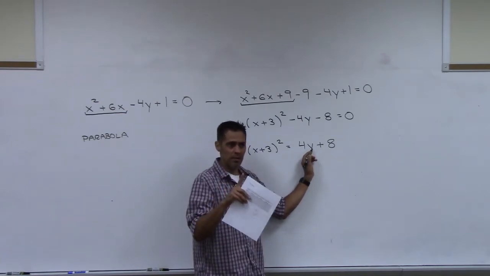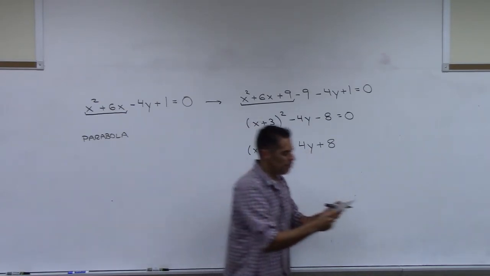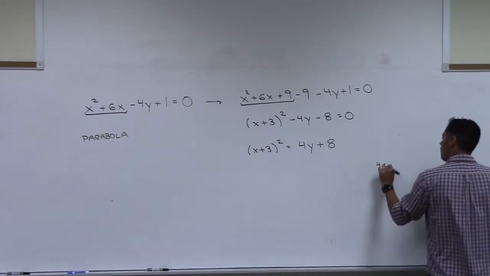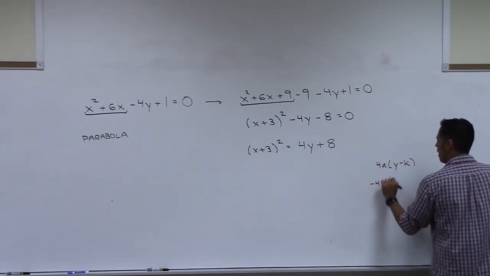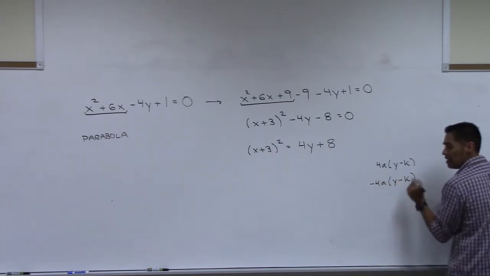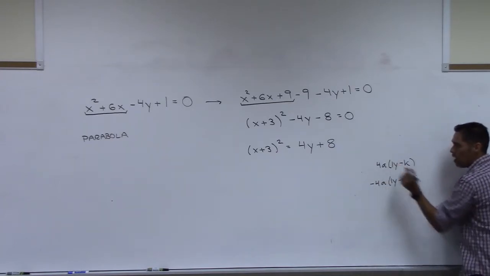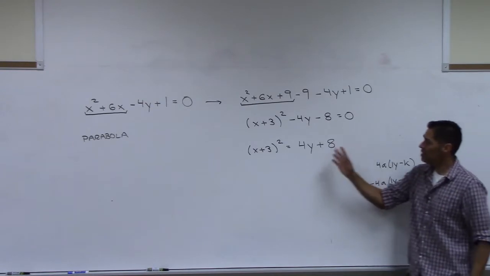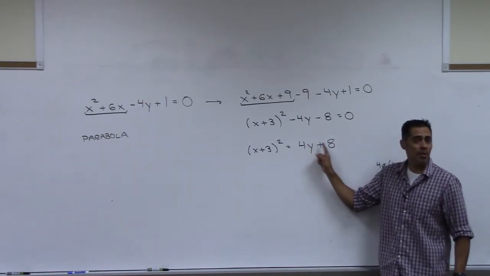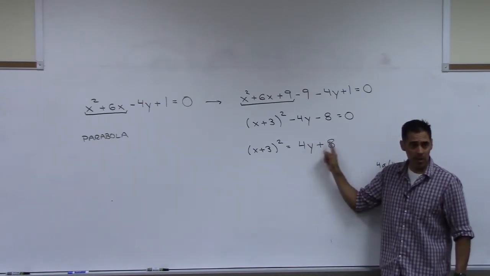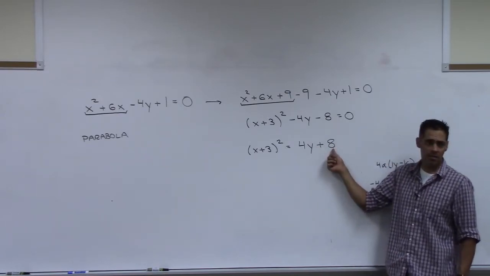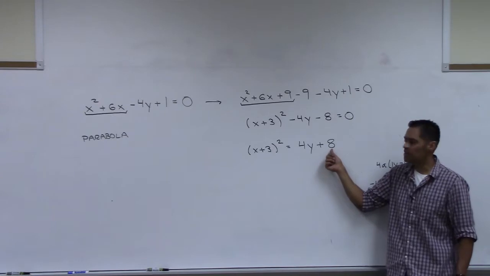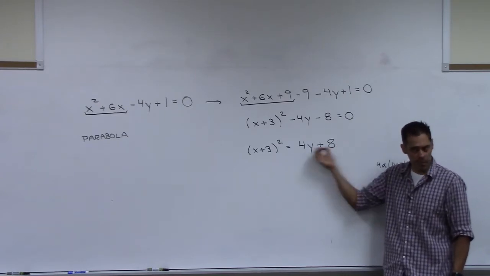You need this to be 1y because in the formula, you're either going to have 4a and then y minus k, or you're going to have negative 4a and then y minus k. And the key here is that there's a 1 in front of these y's. So if this had said 3y plus 8, you would have to pull a 3 out, even though 3 doesn't come out of here, which means this will become 8/3 if you pull a 3.